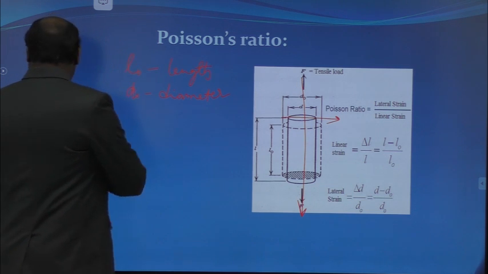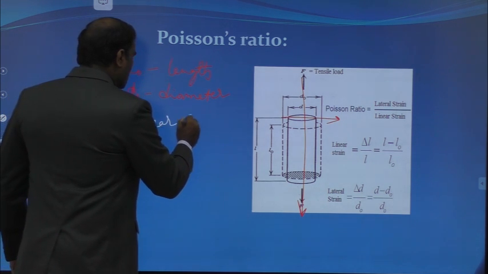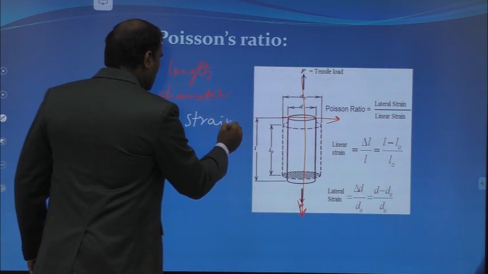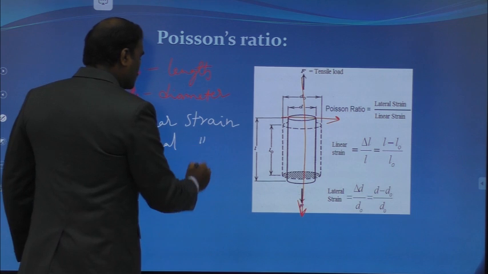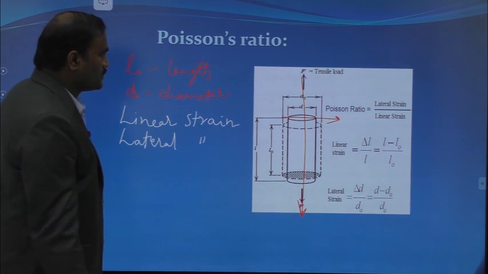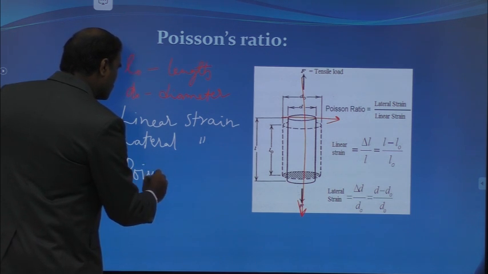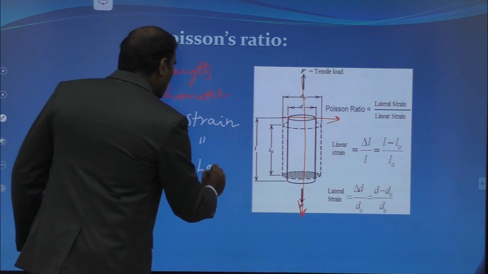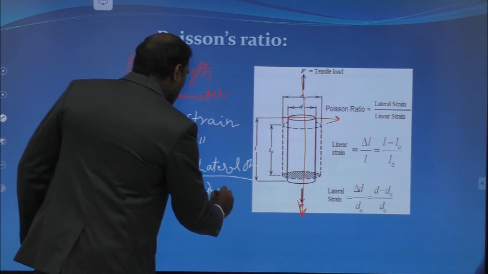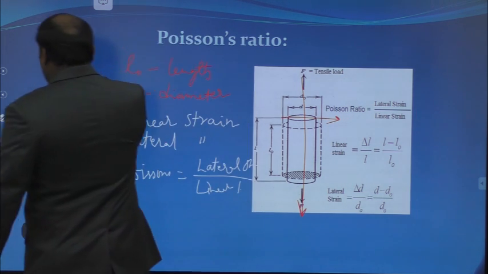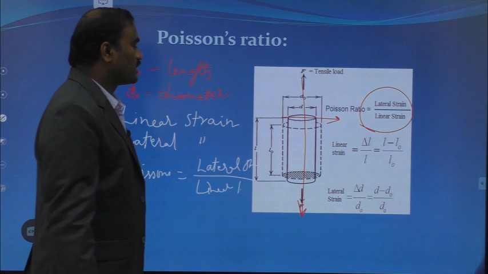The strain along the axis is called linear strain. Another one is called lateral strain. The Poisson ratio is nothing but lateral strain divided by linear strain.